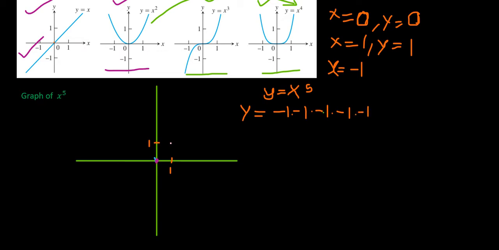By multiplying the first two we get a positive 1, and multiplying the next two we get a positive 1 as well, and in the last we have a value that is -1. So by multiplying all these we get the value of y, that is -1.